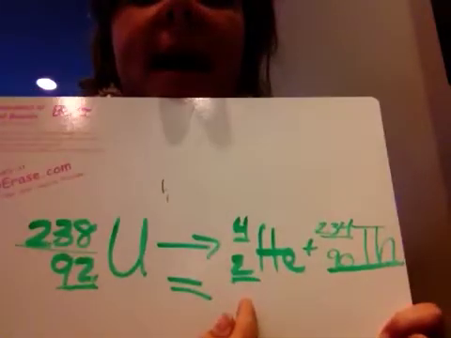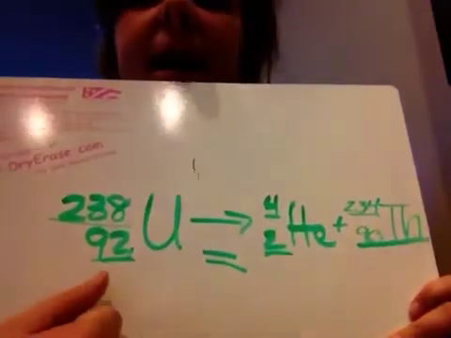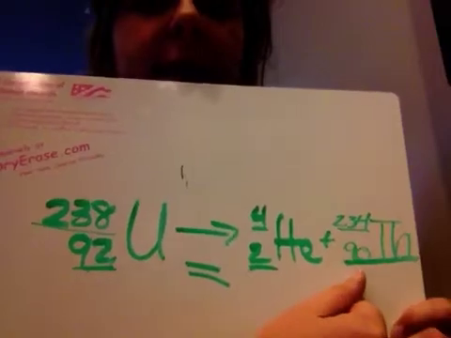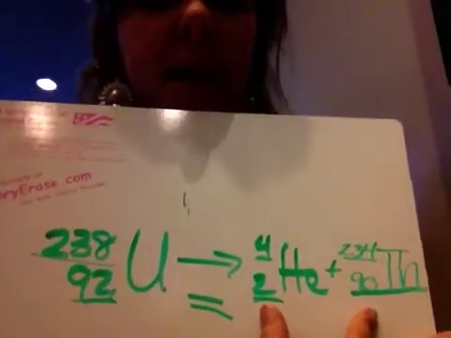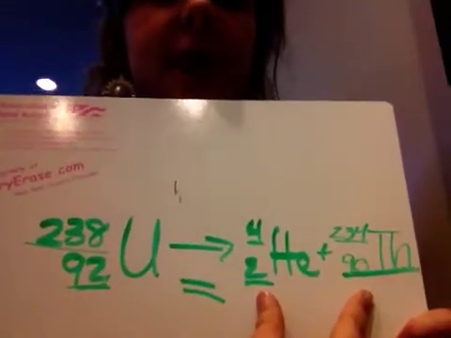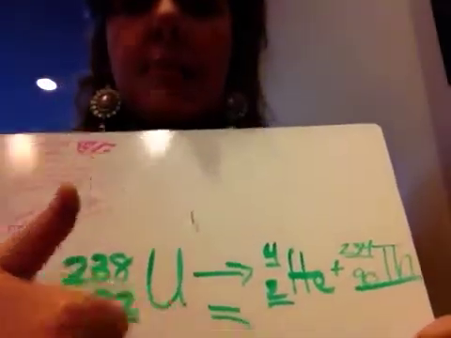Now, helium has 2 protons, so I need to account for 90 more, so that's where we got this 90 from. If I add those two together, the 90 plus 2, that gives me 92. So on this side of the reaction, I have 92 protons. On this side of the reaction, I have 92 protons, so those are good.